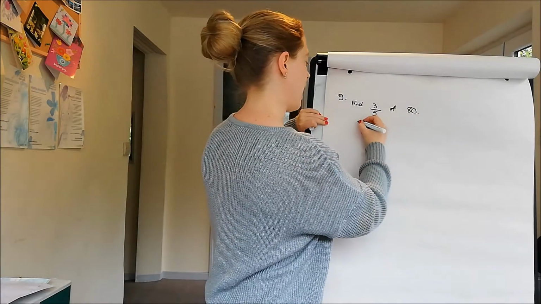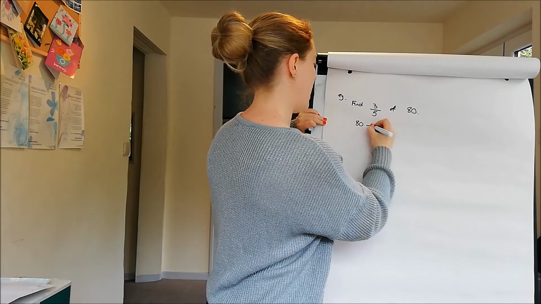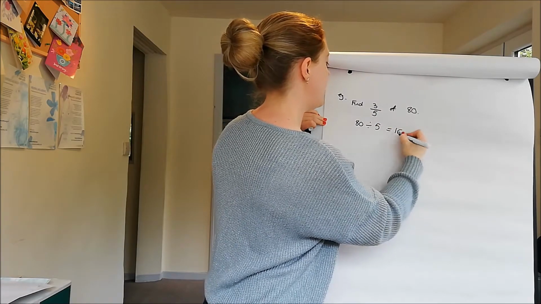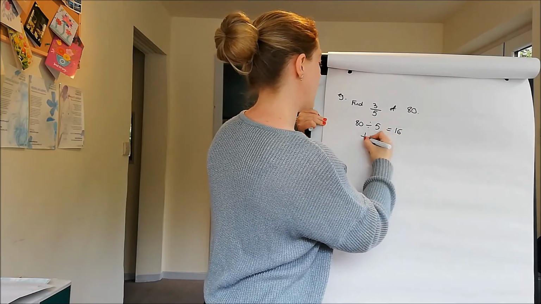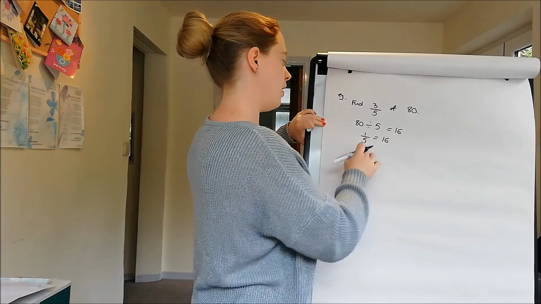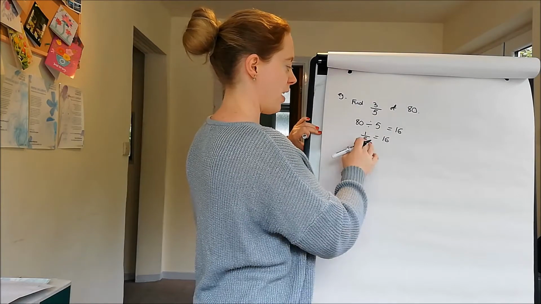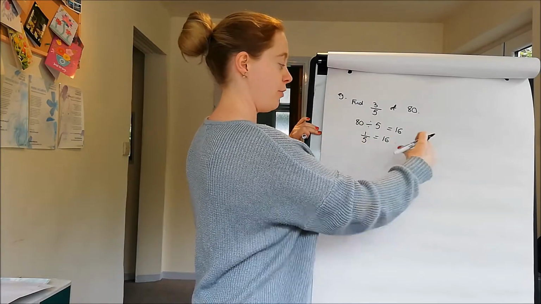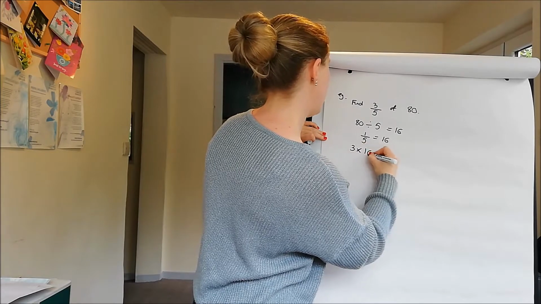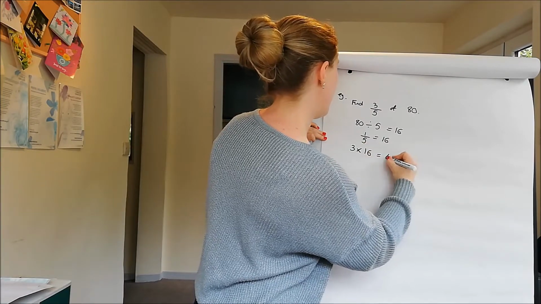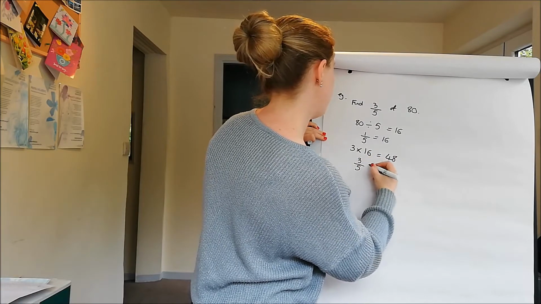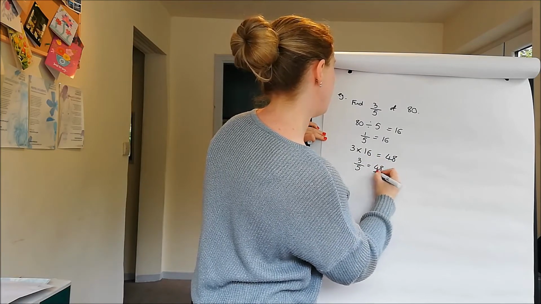So the first thing that I'm going to do is do 80 divided by 5, which is 16. So that tells me that 1/5 equals 16. To get 3/5, I then just need 3 of those fifths. So if I times 3 by 16, I get 48, which means that 3/5 equals 48.